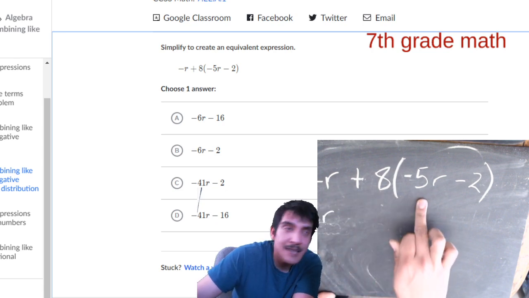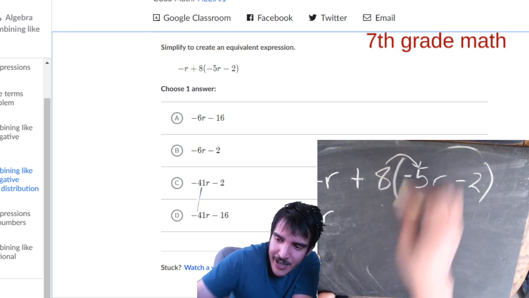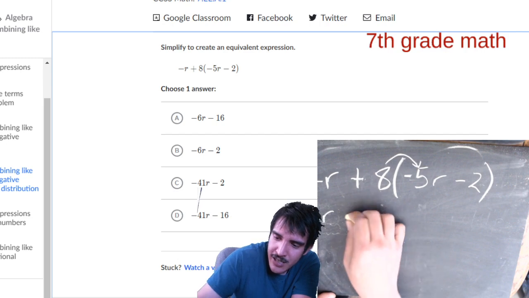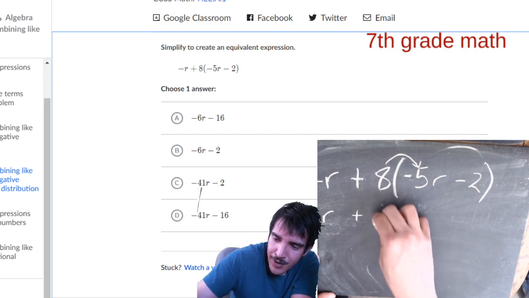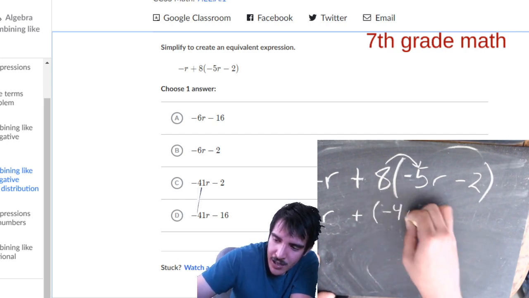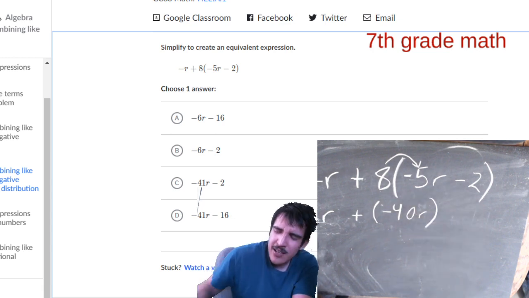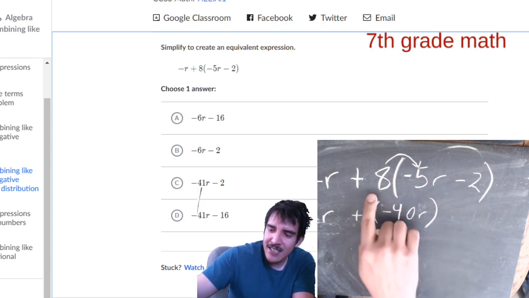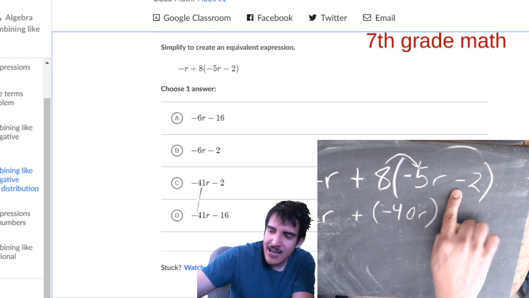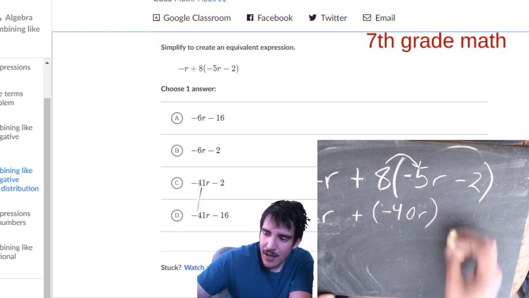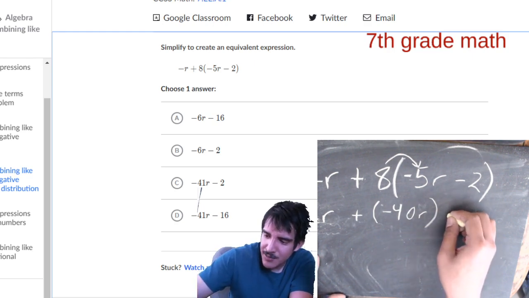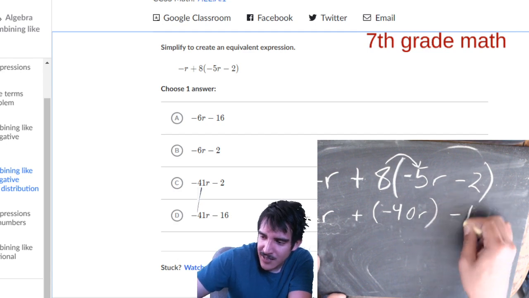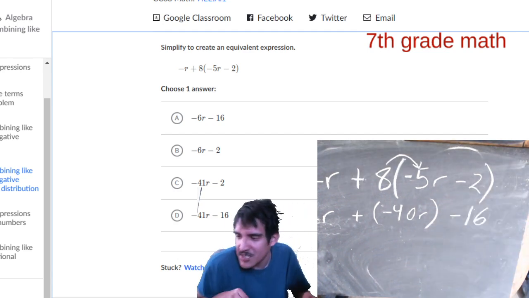And then 8 times negative 5r. That should get us a negative 40r. Next, 8 times negative 2. You're going to get negative 16. So I'm just going to put minus 16. Or you can put plus negative 16.